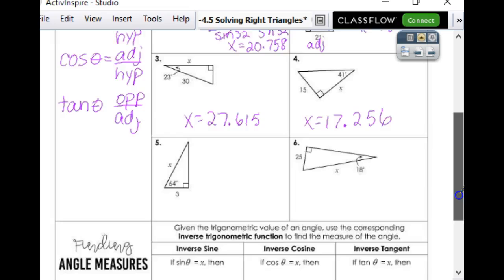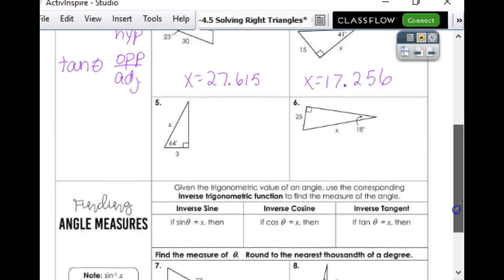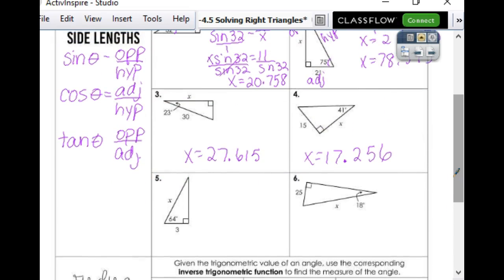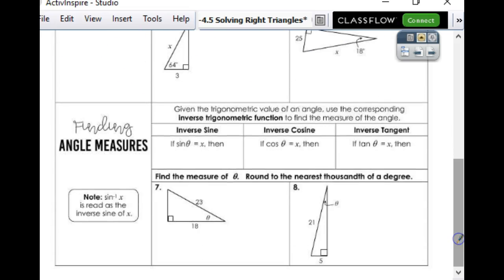Okay, we're good? Okay, so y'all, up here, what did I find? Did I find angles or sides? I found sides. So down here, we're looking for the angle, okay? So this is the angle I'm given right here. This side is across from the right angle, so this is the hypotenuse.